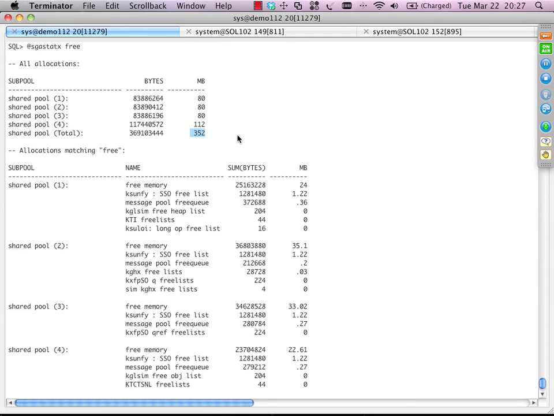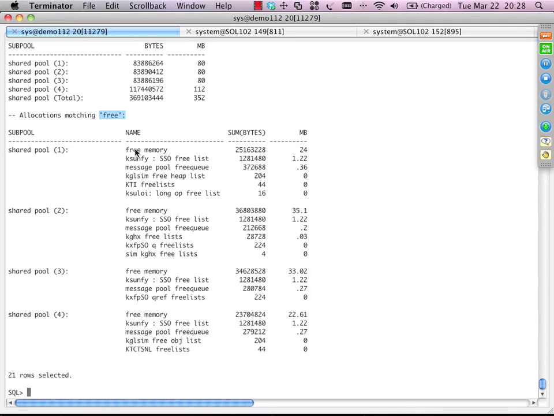So my shared pool is 300 megs. But you see this is the breakdown, how different subpools use it. So apparently 3 subpools have gotten 80 megs, but subpool number 4 has had more allocations when the instance started up. And that's why it grabbed more of that free space, or more of that uninitialized space, to itself.